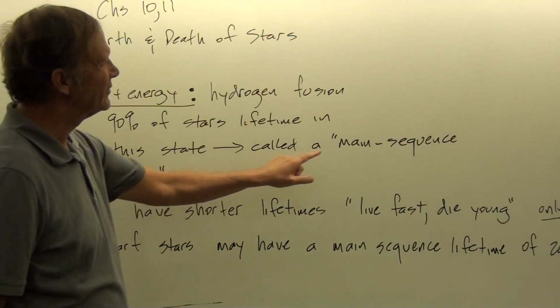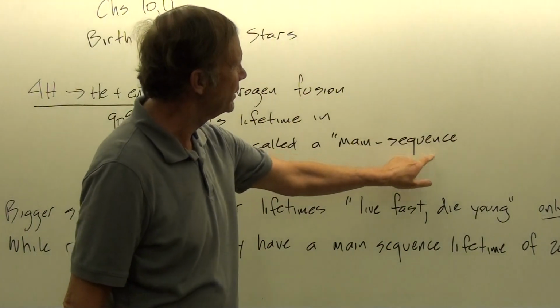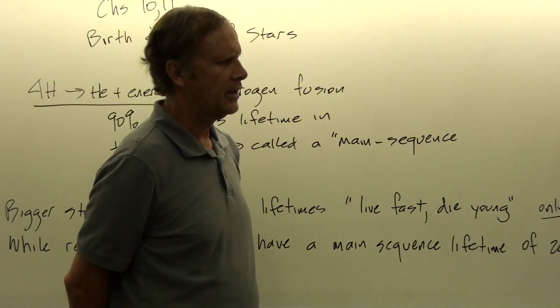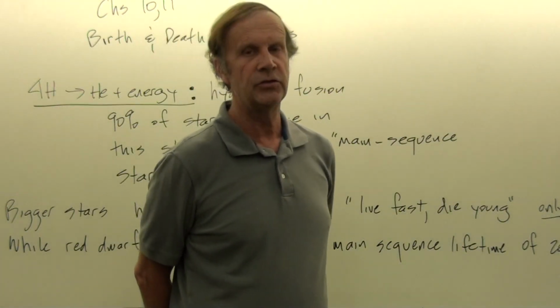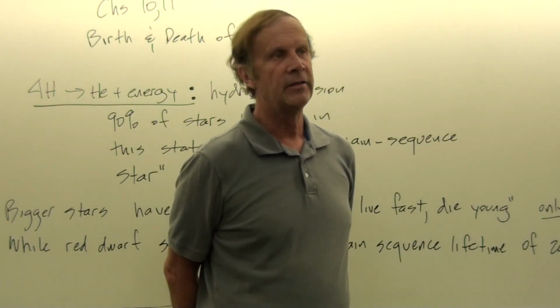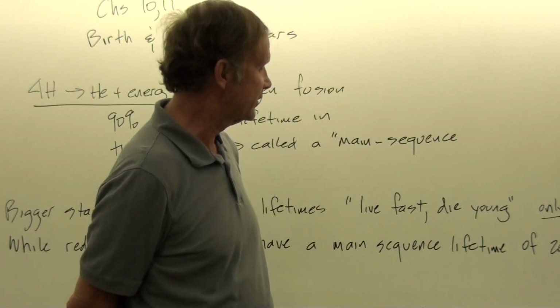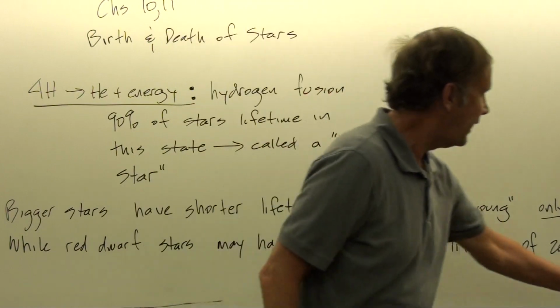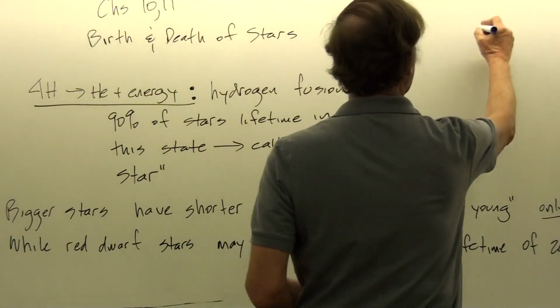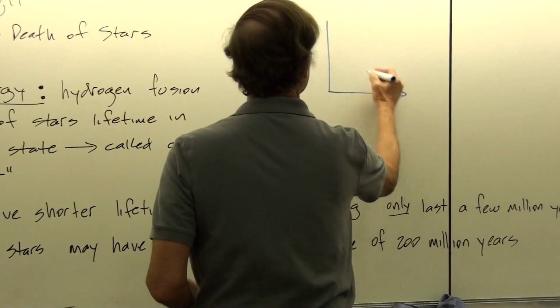There's a reason for this nomenclature, and that has to do with what happens when we plot the brightness of a star versus its surface temperature.